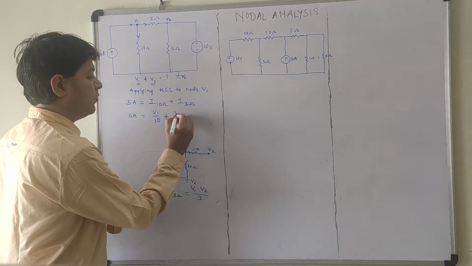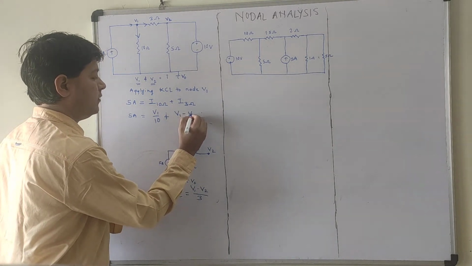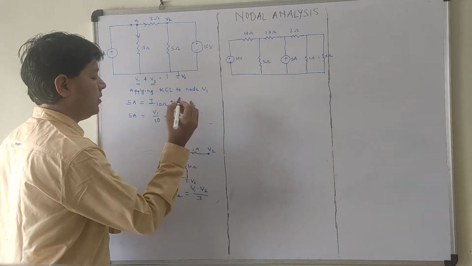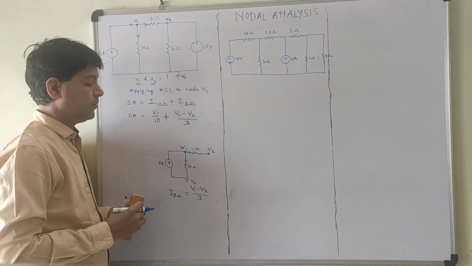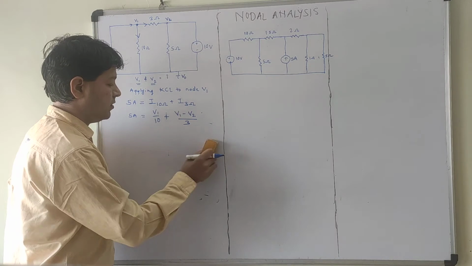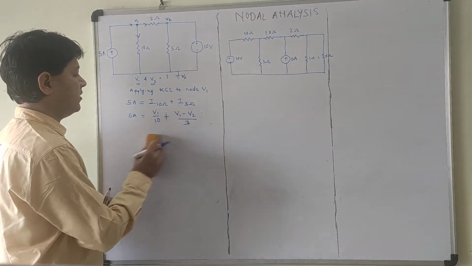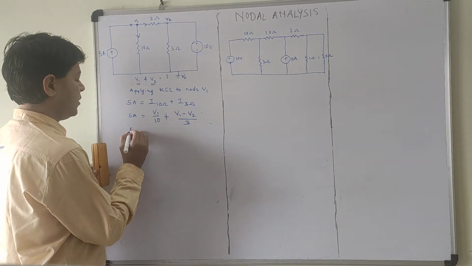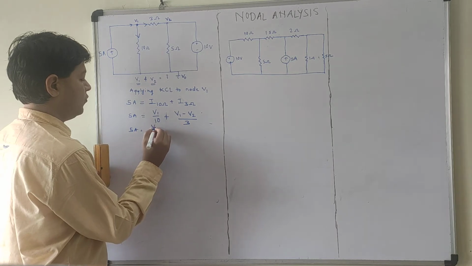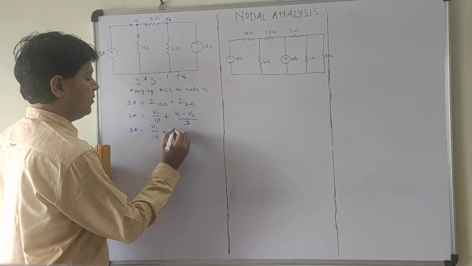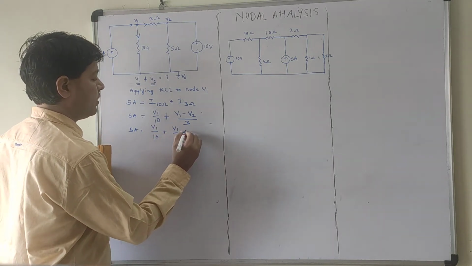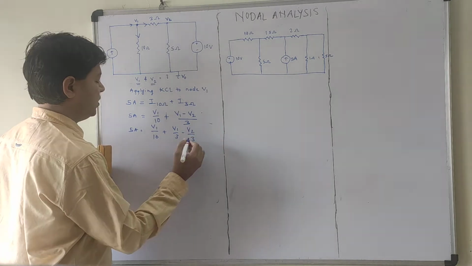So I 3 ohm is given by V1 minus V2 divided by 3. In this way Kirchhoff's current law is applied. Now we will simplify this: 5 ampere is equal to V1 upon 10 plus V1 upon 3 minus V2 upon 3.